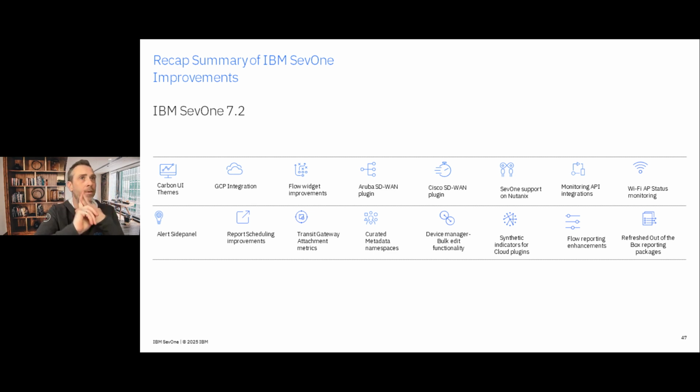It's easier to pull in the data that you need with the pluginization of everything. It's easier to understand the state of your Wi-Fi AP, which was not possible before. There's just too much to go over here, but I really encourage you to check it out. It's a fantastic release, and we're very, very excited about it.